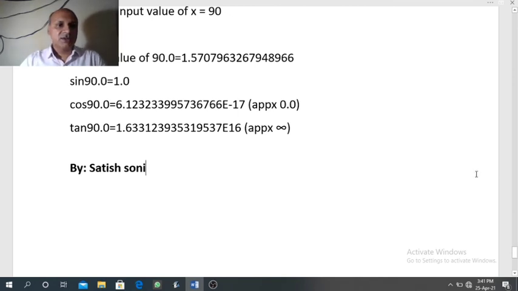Whatever we have discussed in all the mathematical functions, please revise all these functions, see the video again and again, especially the random function and rint function, and take care. Next time we will discuss about decision making statements in Java.